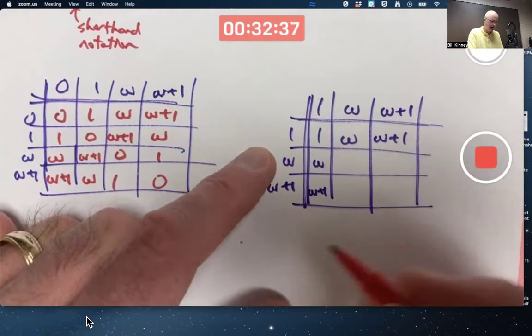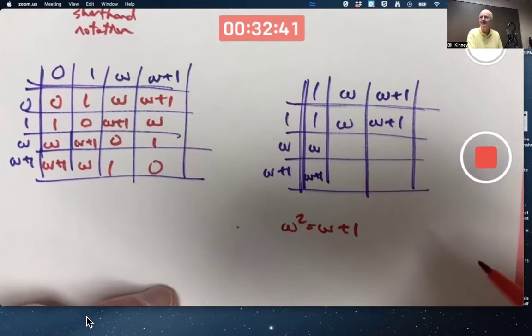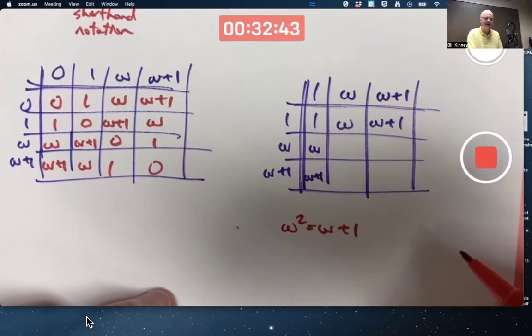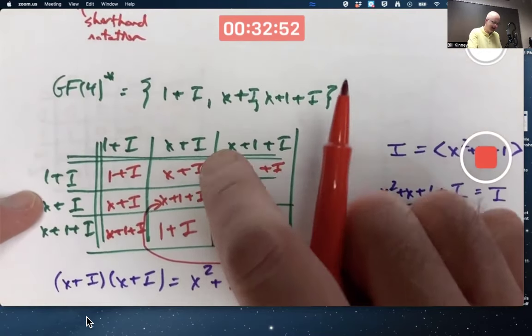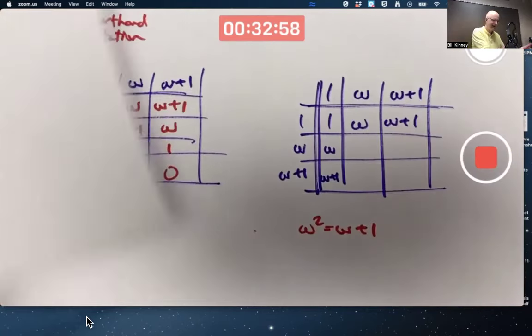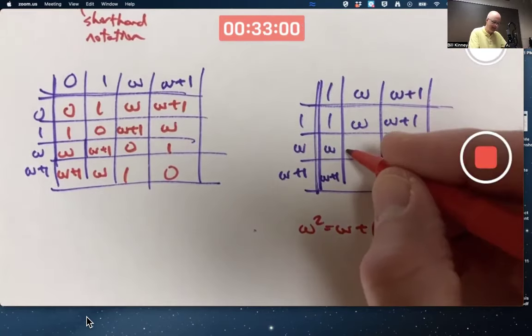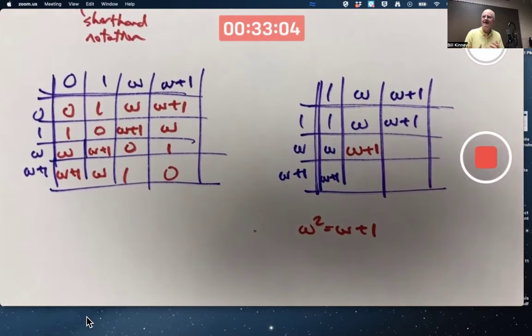What's omega squared? Omega squared is omega plus 1. Why? Because x plus I squared was x plus 1 plus I. That's why. I am, again, in my mind, relating this back to the more concrete example where we're actually representing the elements as cosets.